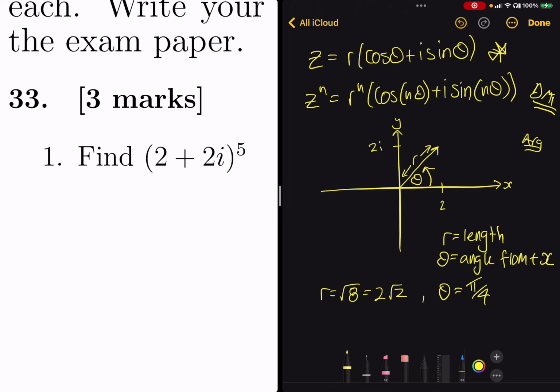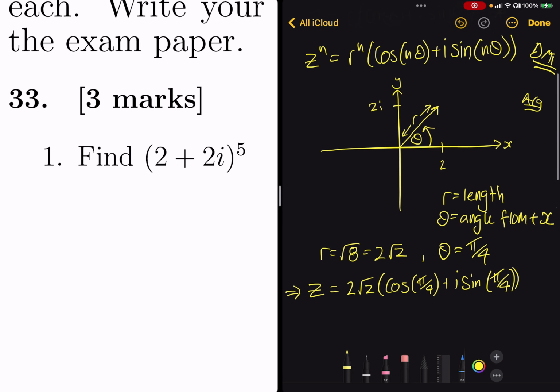So we've got r is 2 root 2, theta is pi on 4. This means the complex number denominated in polar form is 2 root 2 times cosine pi on 4 plus i sine pi on 4.